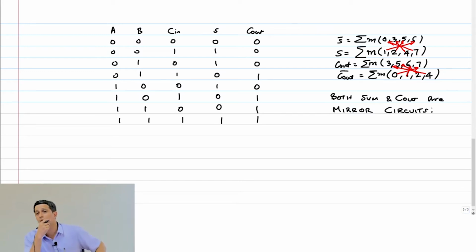Yes. It's not always true. The necessary condition is there has to be an equal number of ones and zeros. Correct. No. Why?